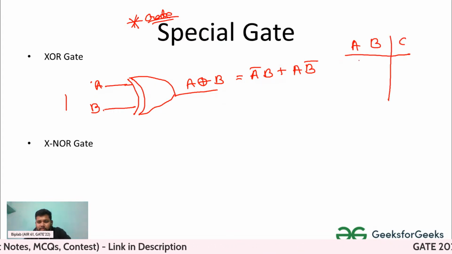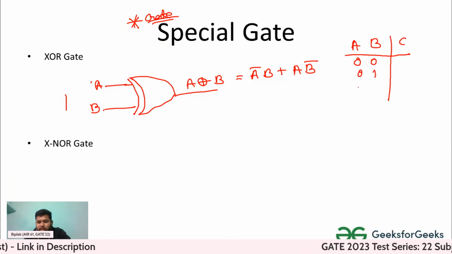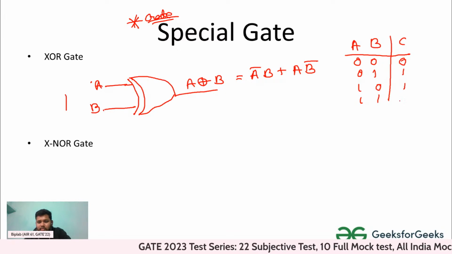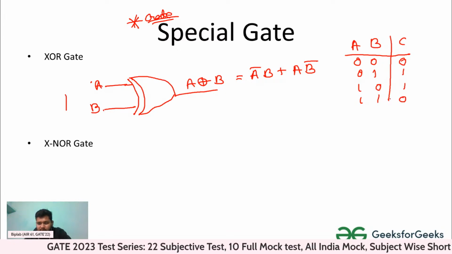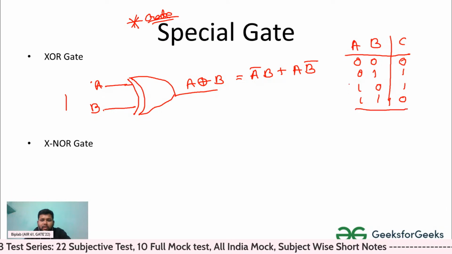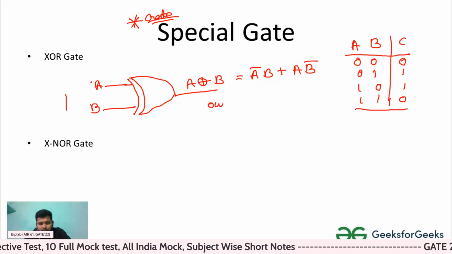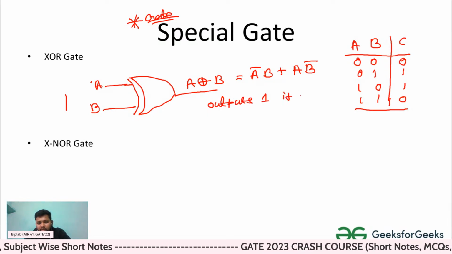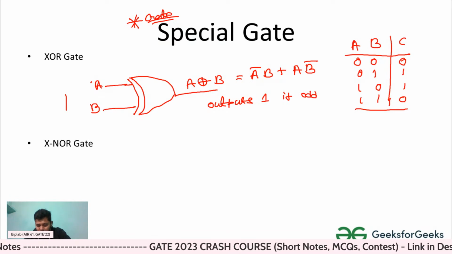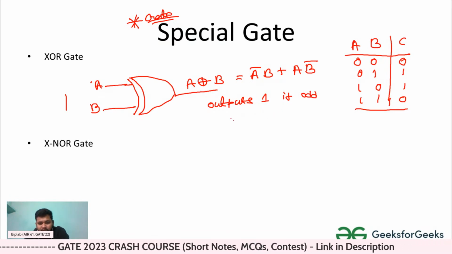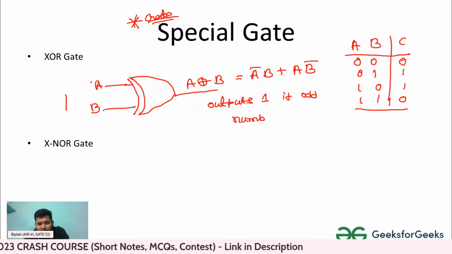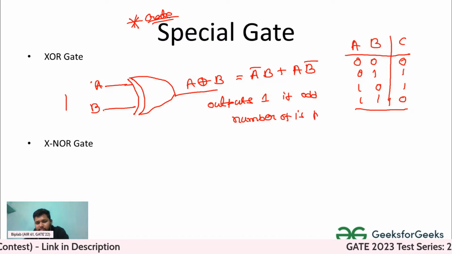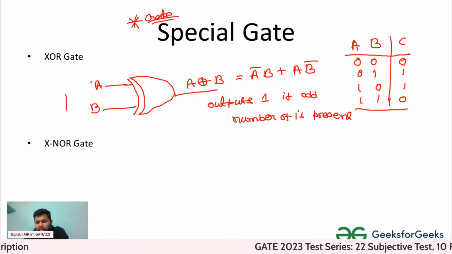Okay, so 0 0 0 1 1 0 1 1. So result can be 0 1 1 and 0. Okay, so it outputs 1 if odd number of 1s present in input.